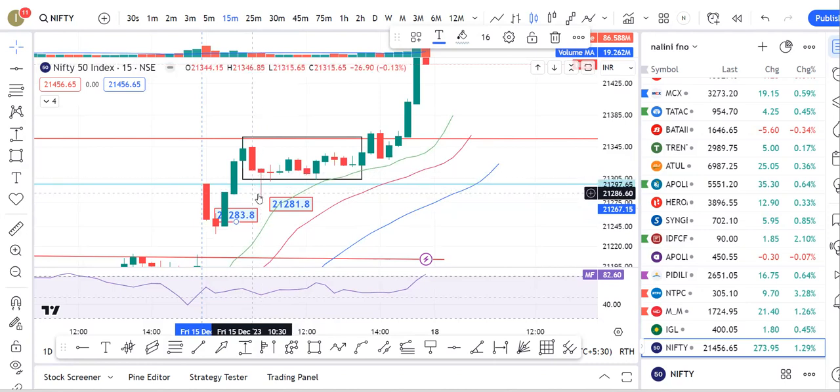This candle swiftly, this is an algo trade. You cannot catch it, but still after the formation of the candle, you can note down that it has made a low of 21,281.8. Only 2 points of liquidity sweep gathered momentum for the big money.